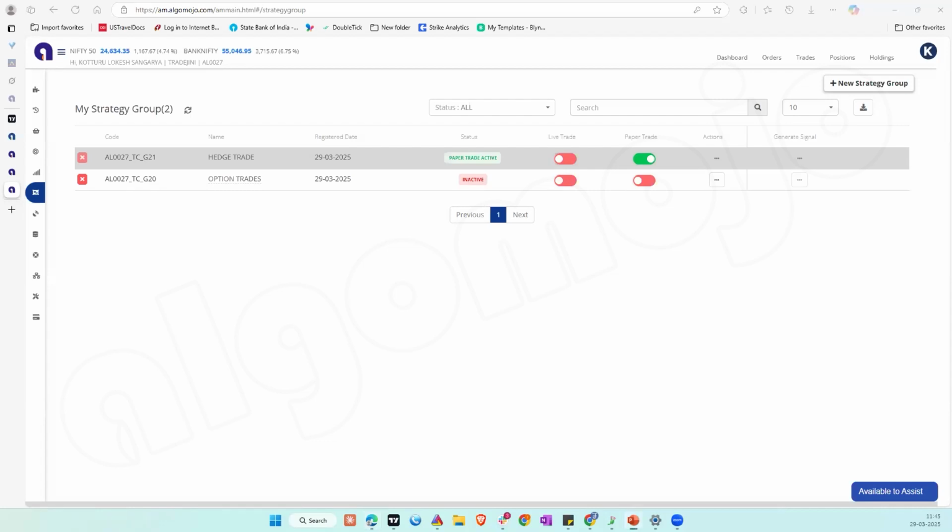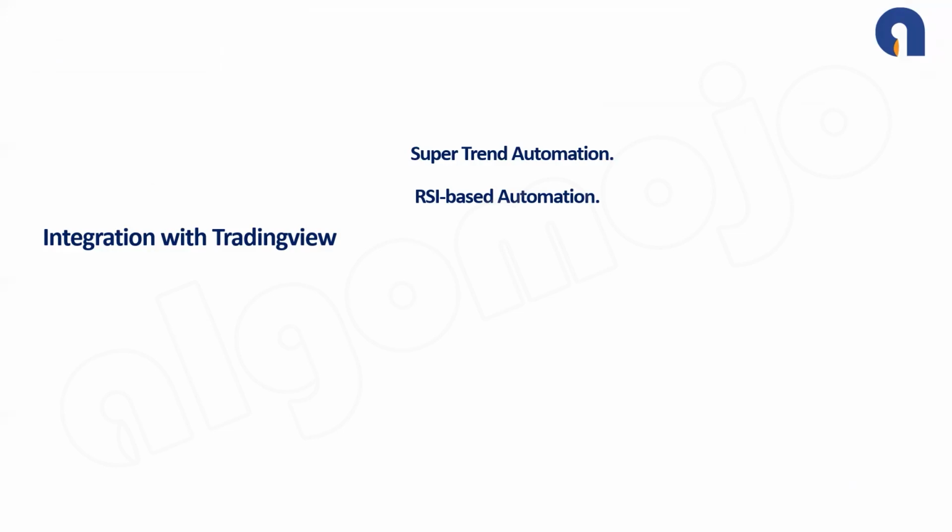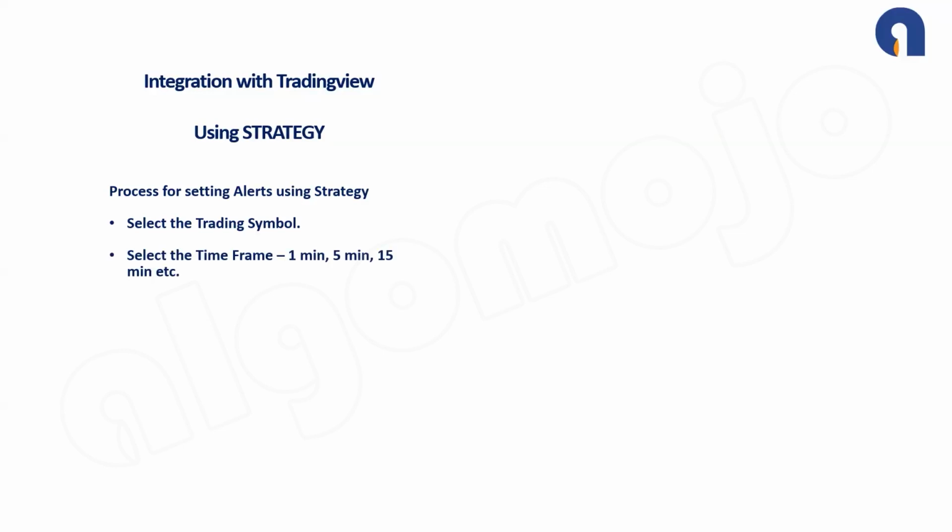Going back onto our presentation, like we just saw how to do based on super trend and RSI based or price based trend line kind of thing. And so when you are using a strategy in TradingView, the process to be followed is that first you select the trading symbol, then look at the time frame because alert creation is based on time frame.